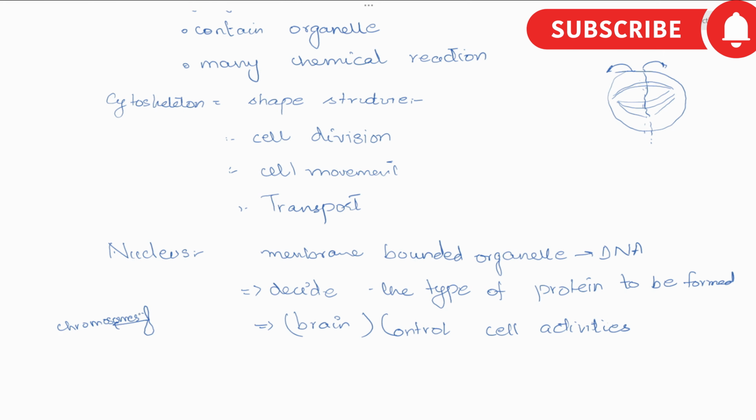Okay, what are chromosomes? You can just take an example. You might have some wire with you. Take that wire. That wire is a single thing. That is basically your DNA. If you keep rolling it, roll it, roll it, it forms a very compact structure. That compact structure is known as chromosomes.